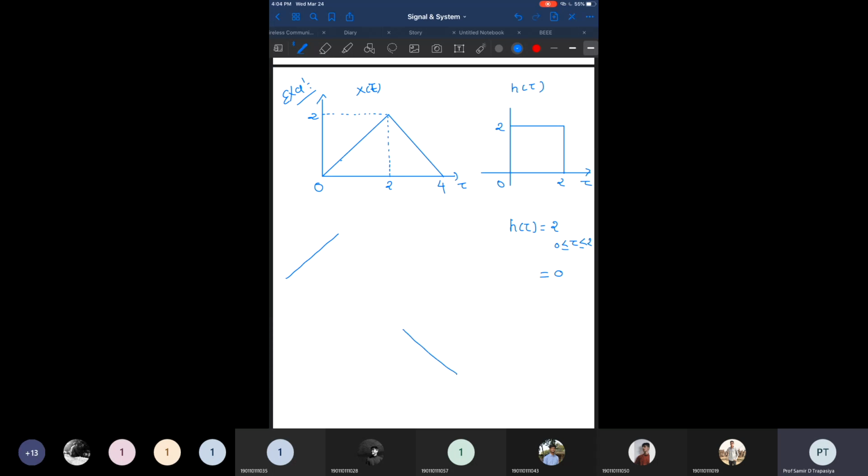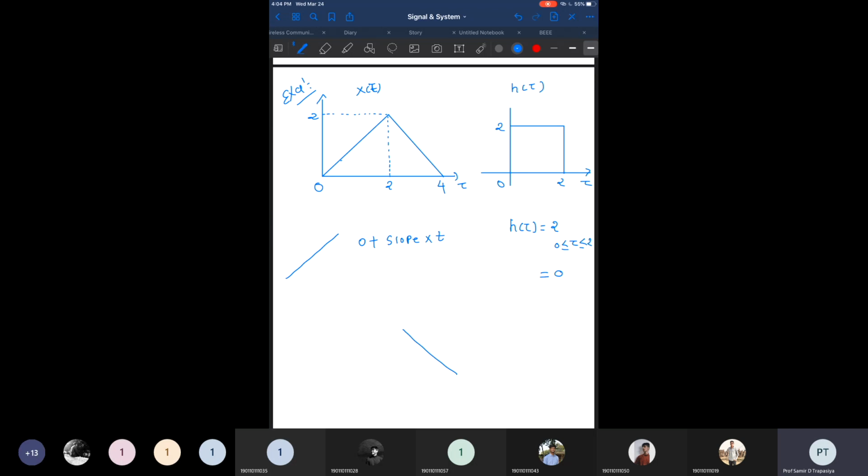If we talk about the first function, which is the positive going ramp, this is starting from 0. So we define it as the starting point 0 plus slope multiplied by t. So what is the slope? Slope is y1 minus y2 by x1 minus x2.